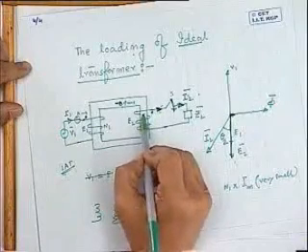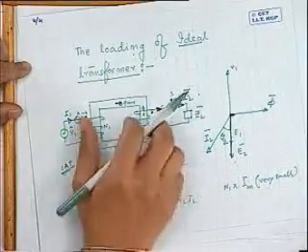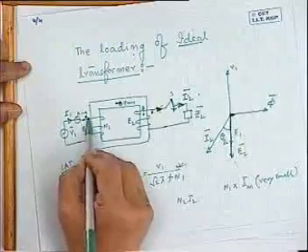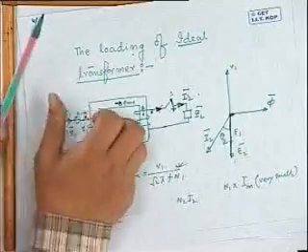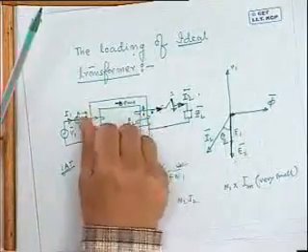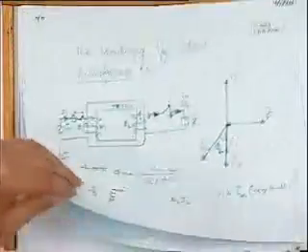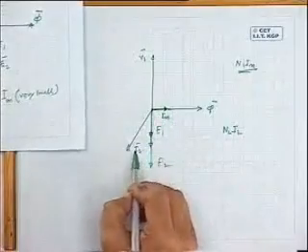So that the MMF will be nullified. If it flows like this, the secondary will try to produce flux in this direction. The primary will draw extra current from the supply in this direction, such that these two fluxes will be cancelled out.